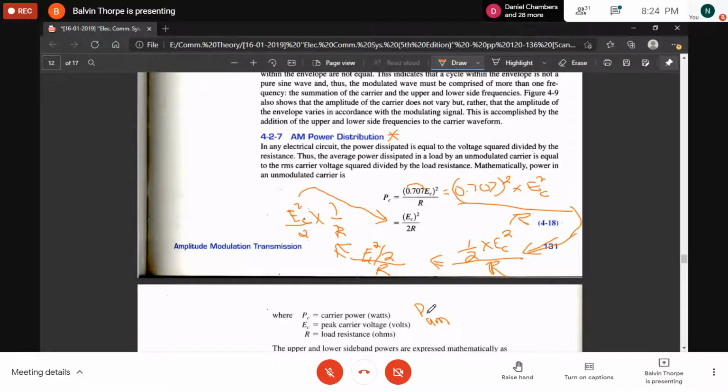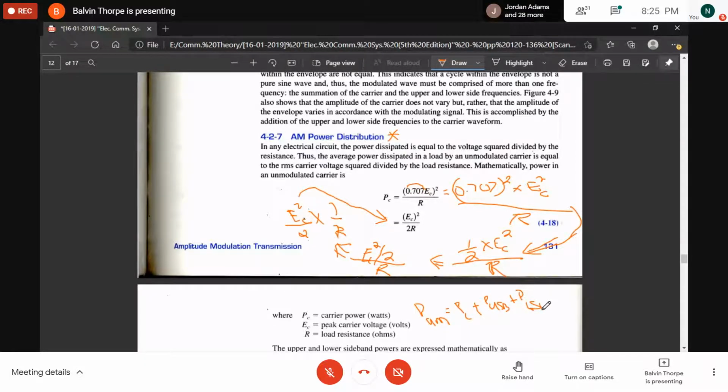So the power in the AM wave would be the power in the carrier, plus the power in the upper sideband, plus the power in the lower sideband.